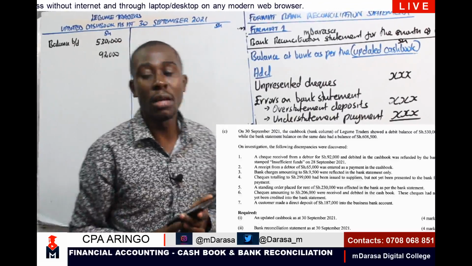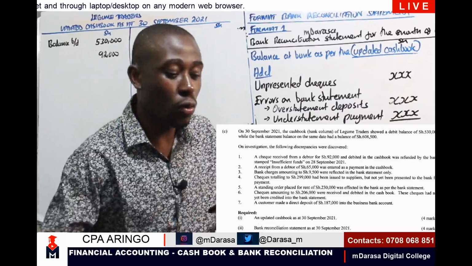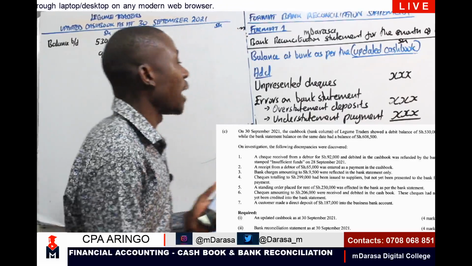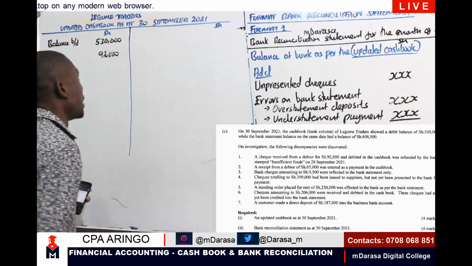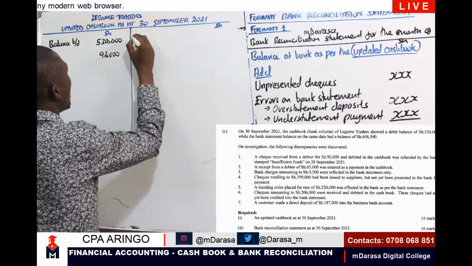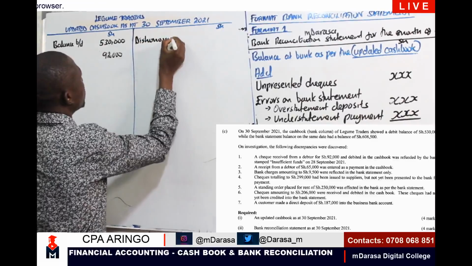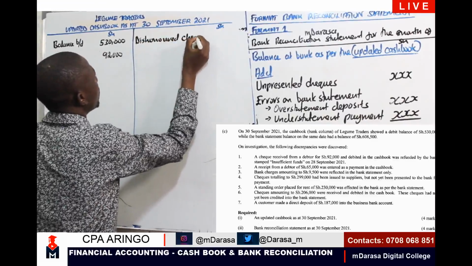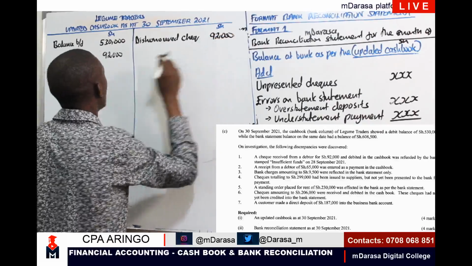But because our client did not have sufficient funds, this check was returned to us. And therefore, I need to cancel whatever I had recorded earlier on. So we are going to have dishonored checks of 92,000.